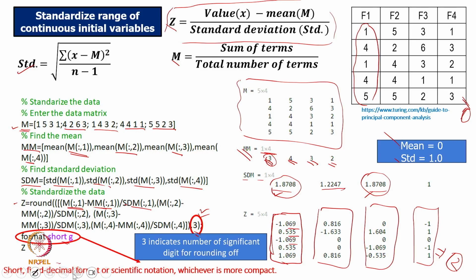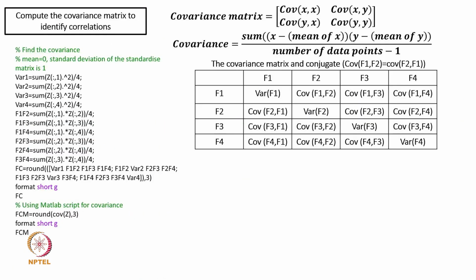So, short fixed decimal or maybe some sort of scientific notation we can use as a format for the MATLAB program. Now, that is done. Now, we have normalized the variables, and each normalized variable will have a mean value 0 and standard deviation, or variance, equal to 1.